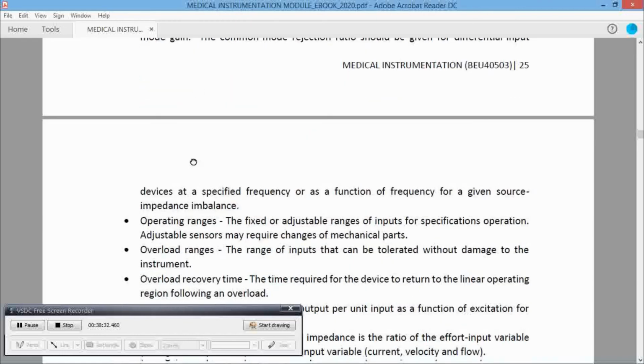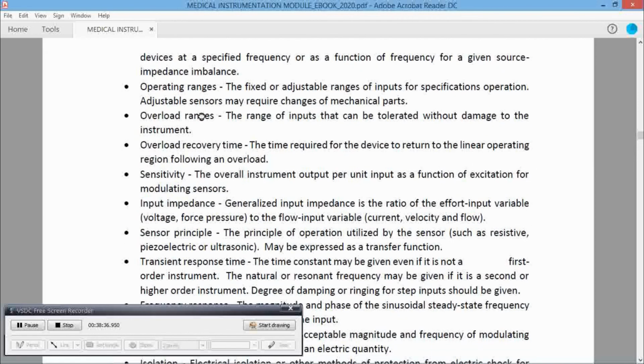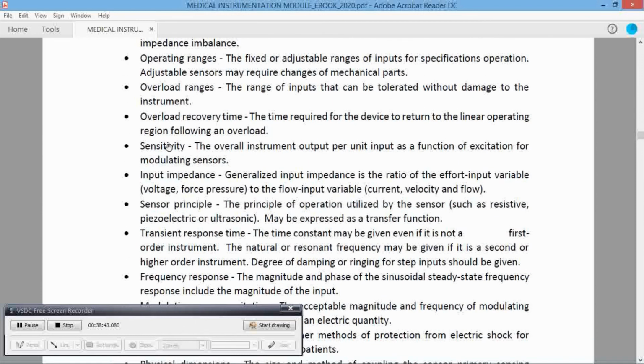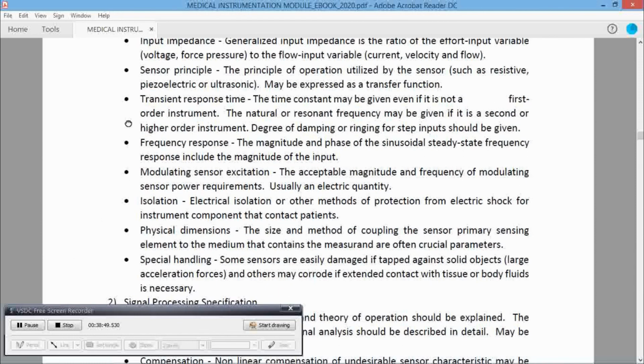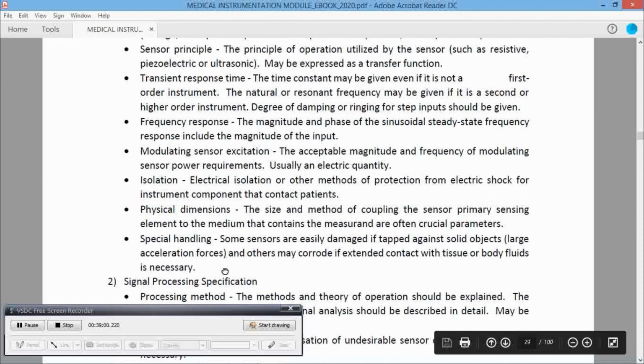So these are all the technical terms that is written on the specs. Operating range, overload range, overload recovery time, sensitivity, input impedance, sensor principle, transient response time, frequency response, modulating sensor excitation, isolation, physical, and also special handling.